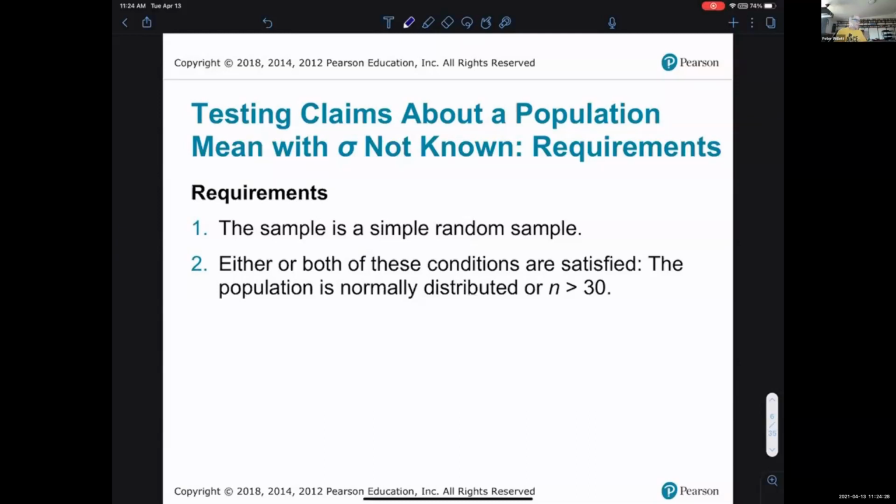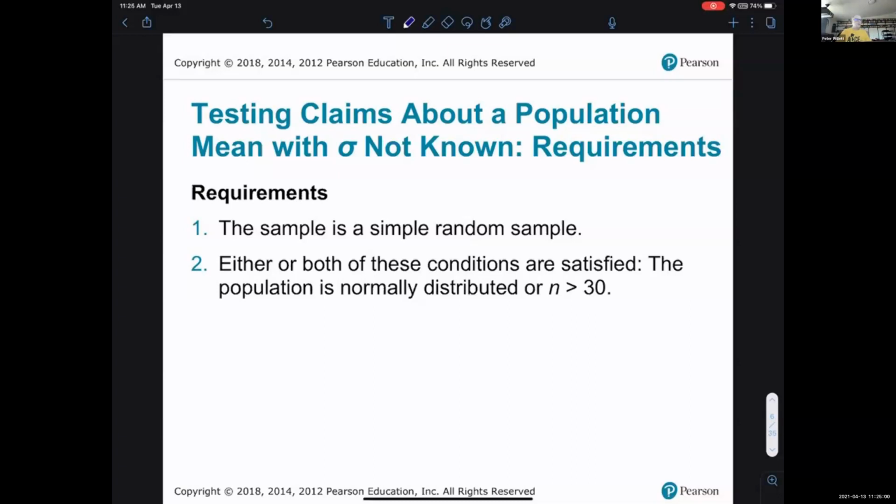And then for part 2, you have to satisfy one or both of the conditions, namely that the population of the value that you're sampling is normally distributed. So if it were heights, the parameter basically is normally distributed in the population. If it was heights of students at DVC, I would need to know or believe that the heights in general of students at DVC are normally distributed.